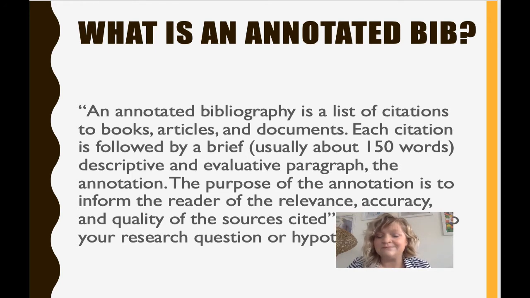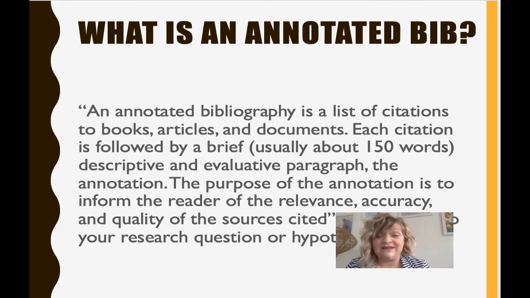Well, let's find out by reading this definition. An annotated bibliography is a list of citations to books, articles, and documents. Each citation is followed by a brief, usually 150 words, descriptive and evaluative paragraph, the annotation.